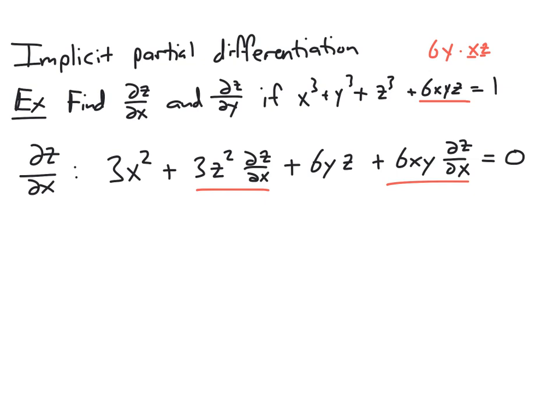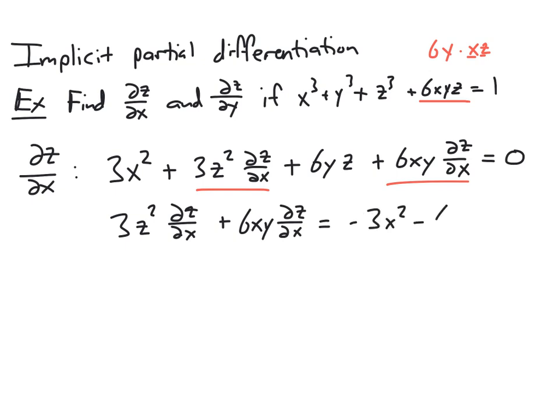So if I keep the del z del x terms on the left side of the equation, I'm going to get 3z squared del z del x plus 6xy del z del x. And that's going to equal negative 3x squared minus 6yz, when I subtract those two terms to the right side. On the left side now, I can factor out a del z del x.